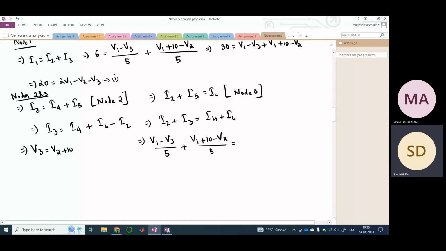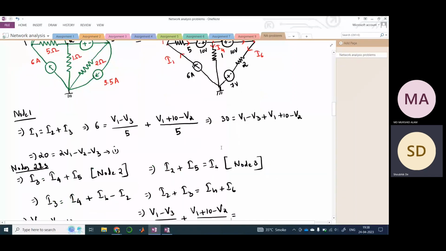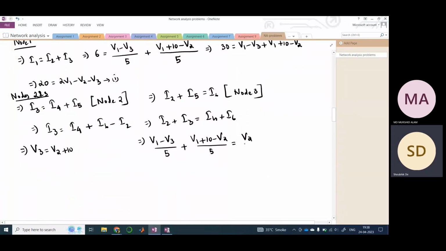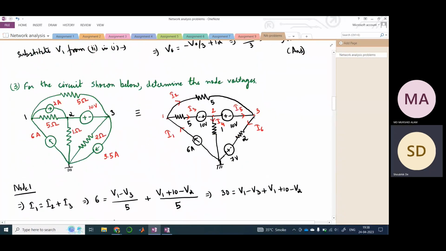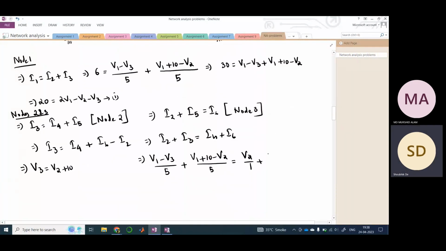What is I4? It is V2 by 1, between the node and ground. And finally I6 is V3 plus 7 by 2. So these are the equations.